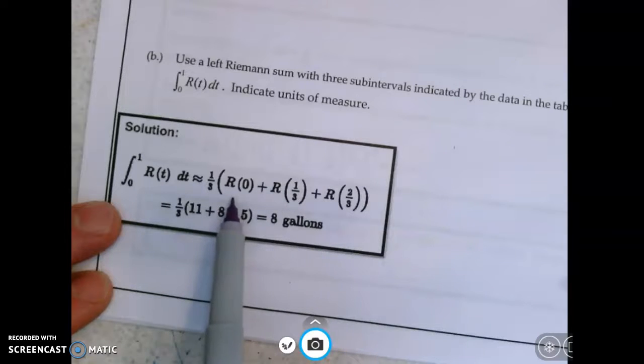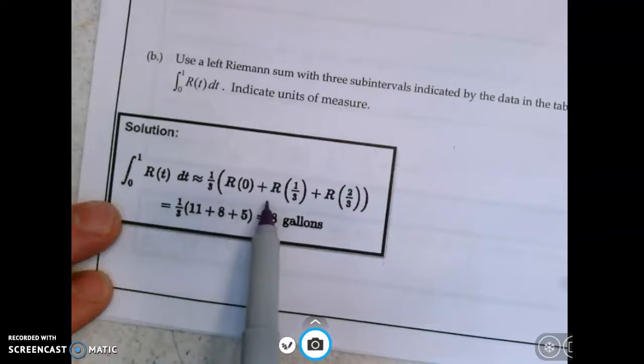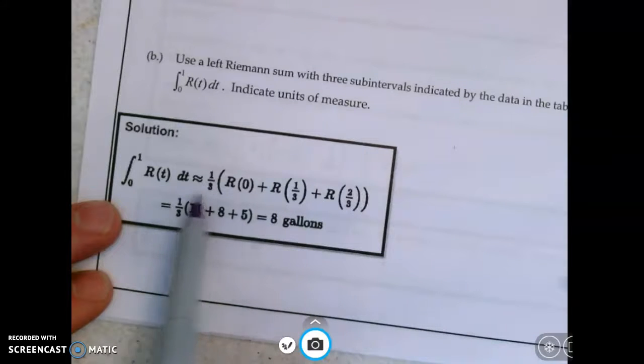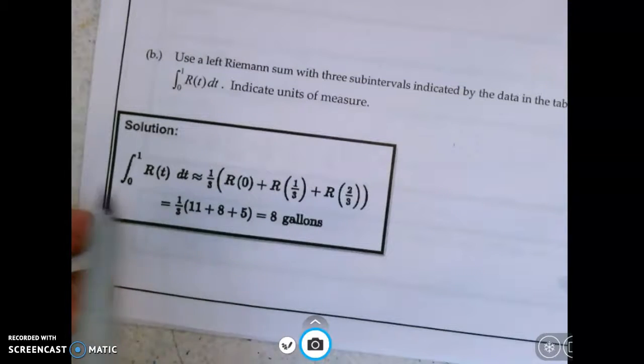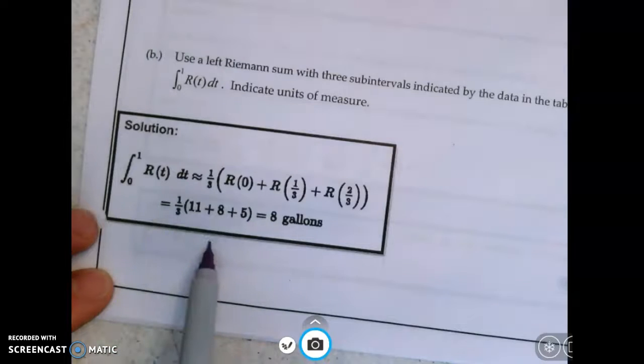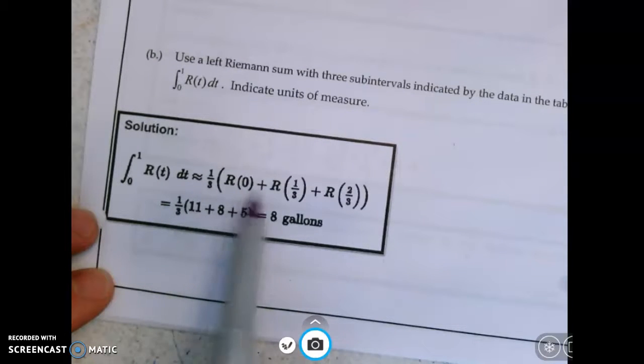I can do 1/3 times R of 0 plus 1/3 R of 1/3 plus 1/3 R of 2/3, or I can pull it all the way up. And see, this approximation equal sign means it's not exactly right. The area under here, the integral from 0 to 1, is not exactly right. It's an approximation. So I take the 1/3 and I multiply it by the 3 values at those 3 t values.